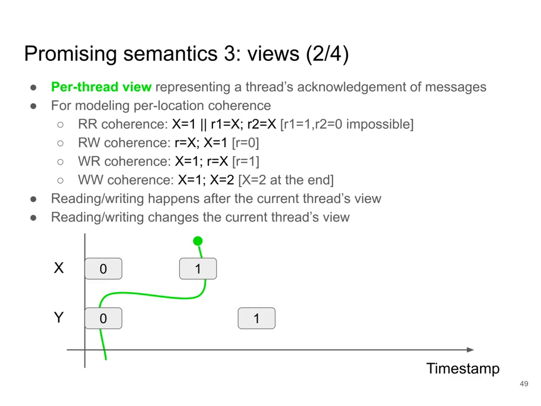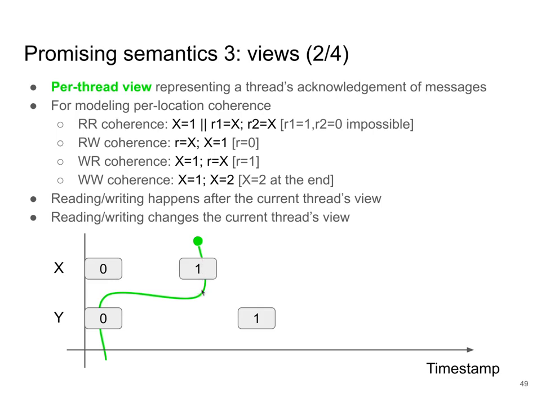How to model this? When you read the value here, you are effectively acknowledging the message. Let's say that the view is like here. Then we mandate that a write should be written, the message should be written, beyond the current view of the thread. So if the view is here, the message should be put here. Here, it doesn't matter. But it cannot be put in here because this area is already overwritten by the current message here.